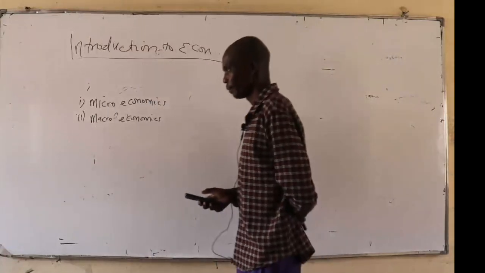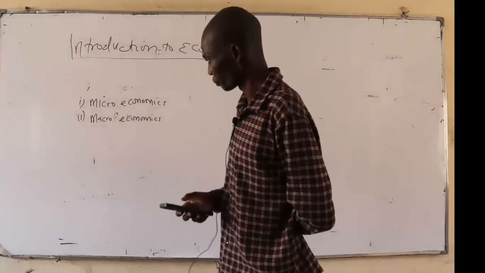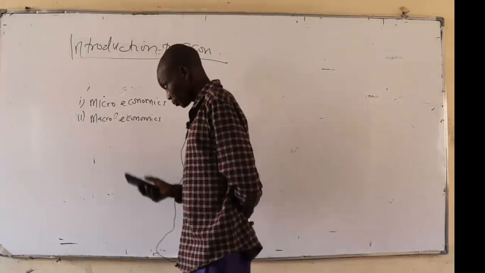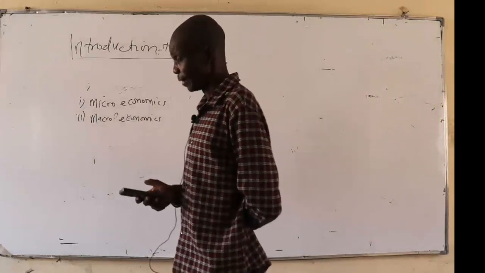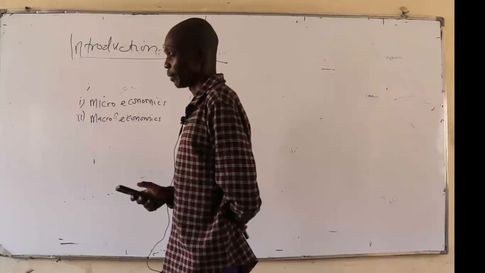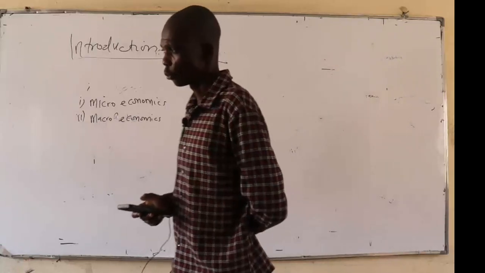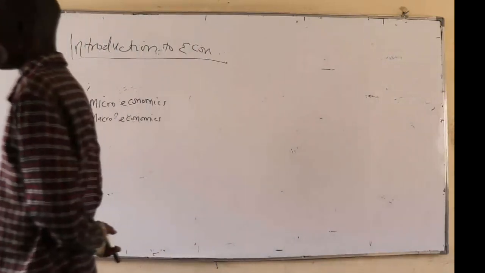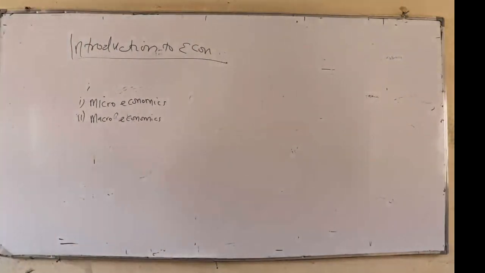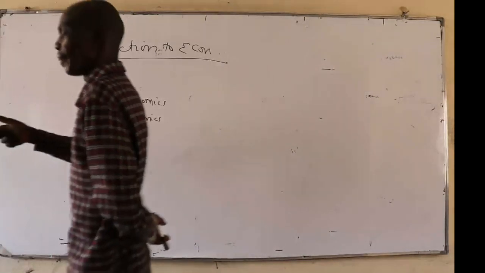So the three basic economic questions which are asked by those economic units are about resource allocation: what to produce, how to produce it, and for whom to produce. Whom are we producing for? If you're producing a product, to whom? Who are the customers? Or are there customers for them?